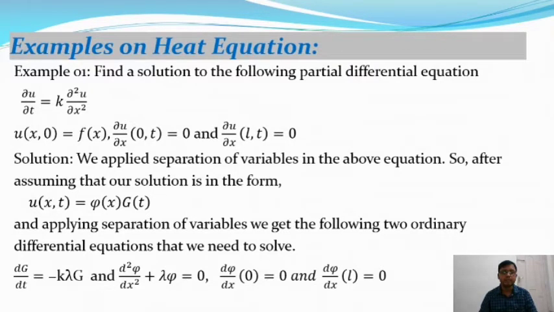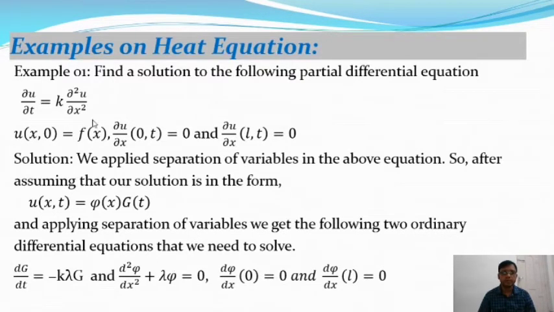After separating the variables we get g dash t by g into k is equal to phi double dash x by phi of x. The left hand side of this equation is a function of t only, and the right hand side is a function of x only, so both are equal to lambda.